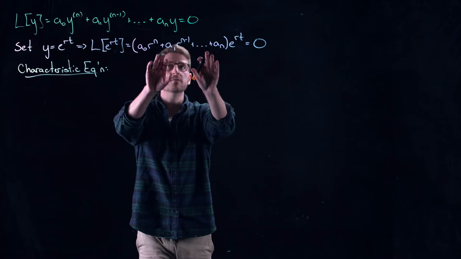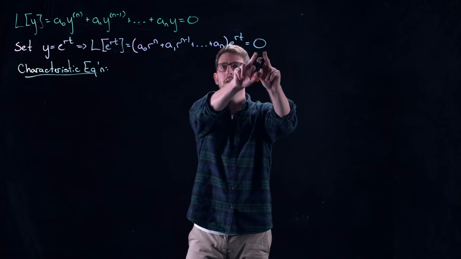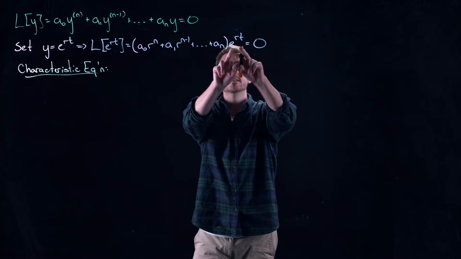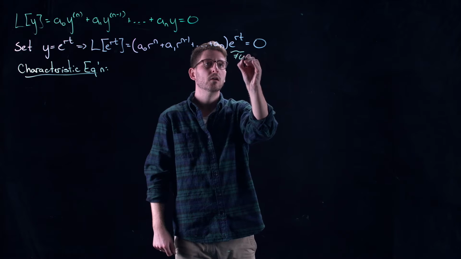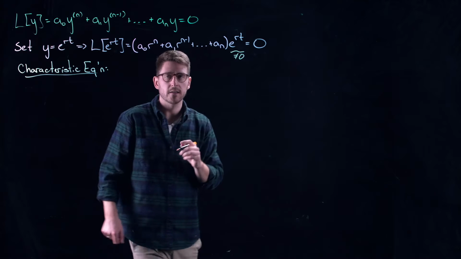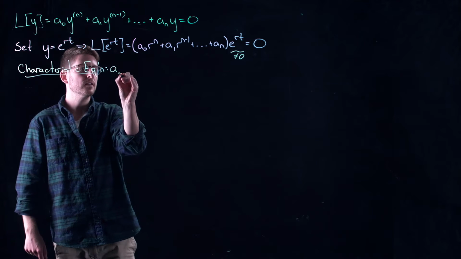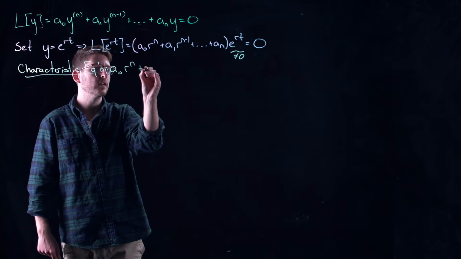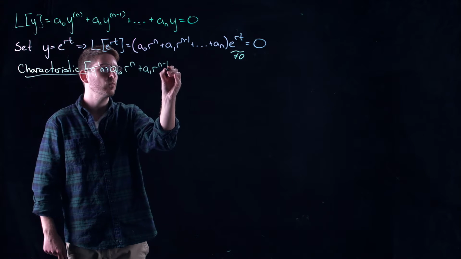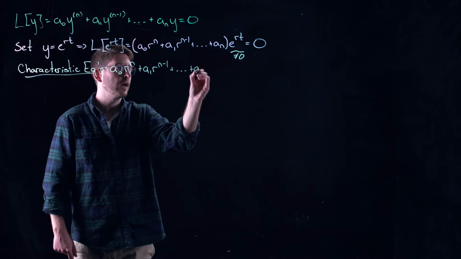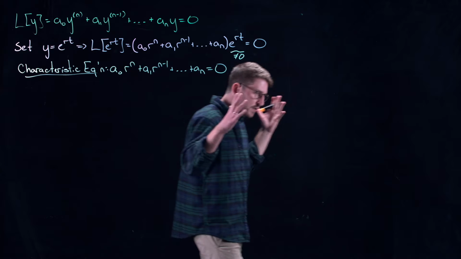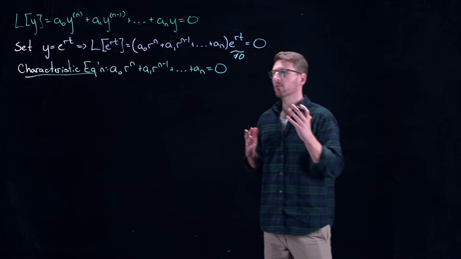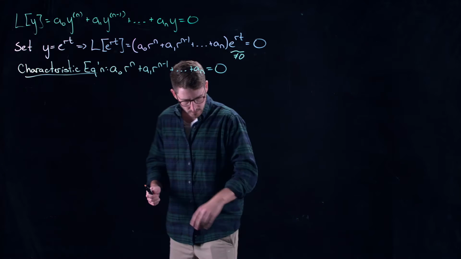Now, where that comes from is that the only way that this thing can equal 0 for all time, since e to the rt is not equal to 0, is that we have to satisfy this equation: a0 r to the n plus a1 r to the n minus 1 all the way down is equal to 0. So again, the problem boils down to finding roots of a polynomial.